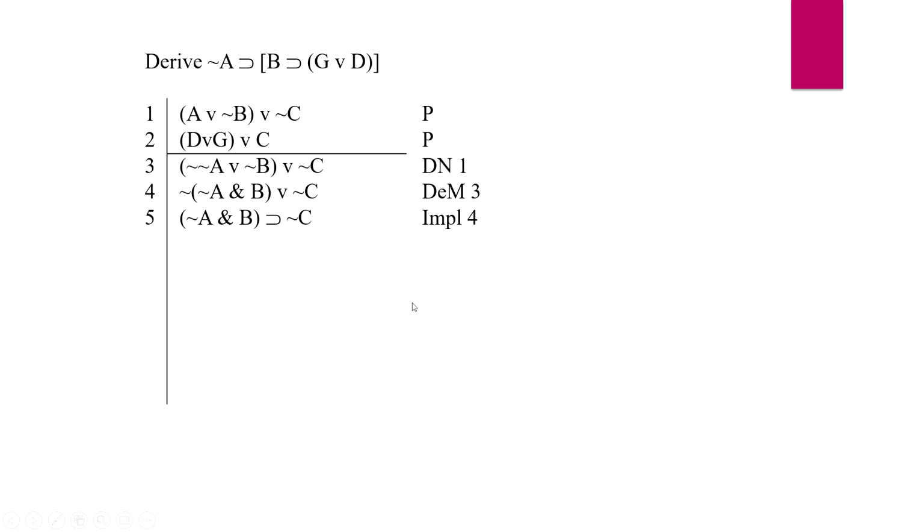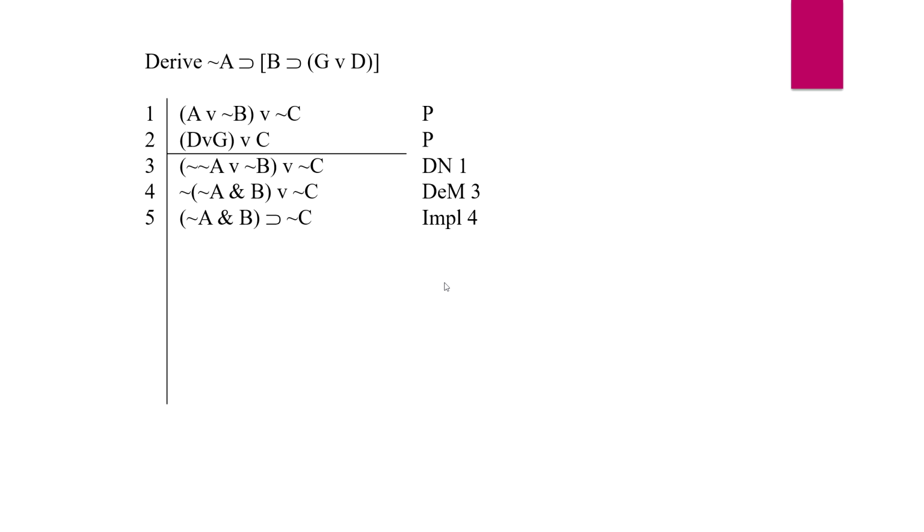So now I'm going to turn my attention to that second premise, because we're trying to get G or D by itself. Right now we have C in the middle, so let's work on that one.